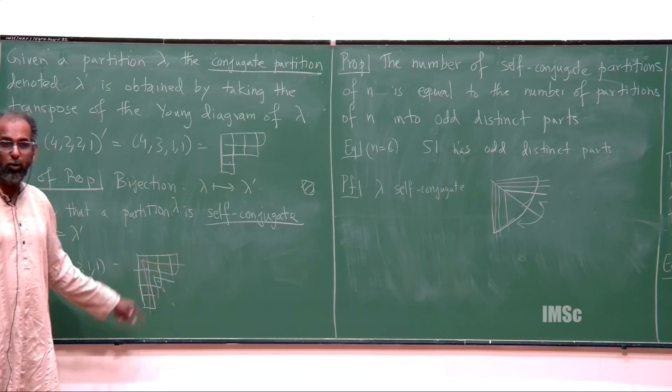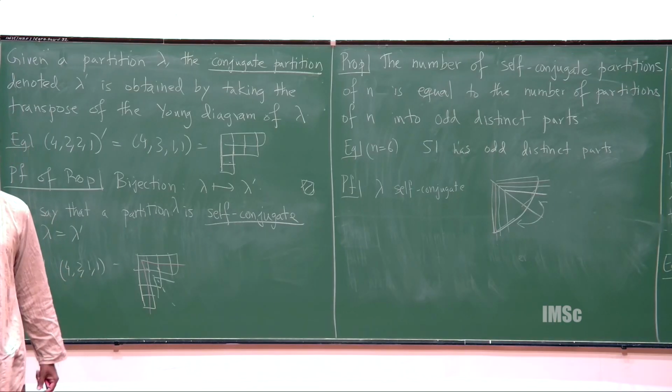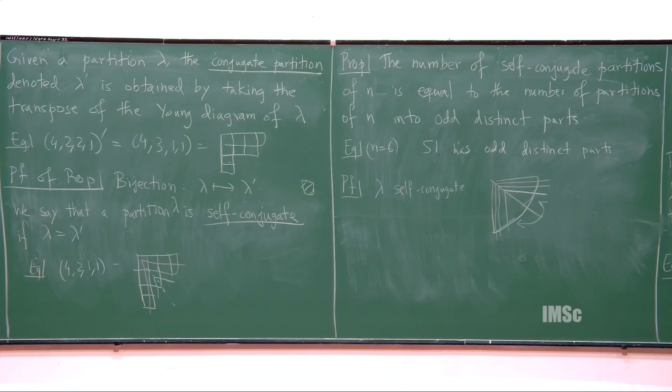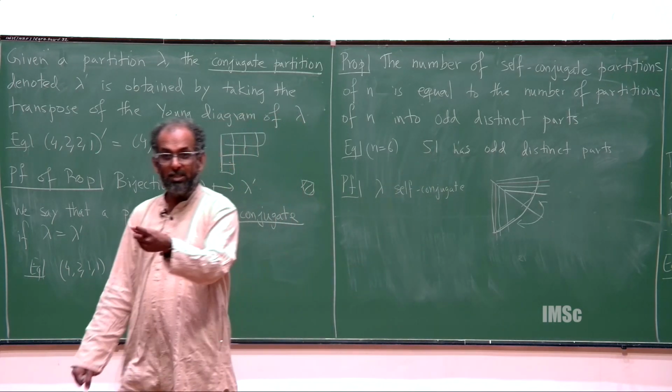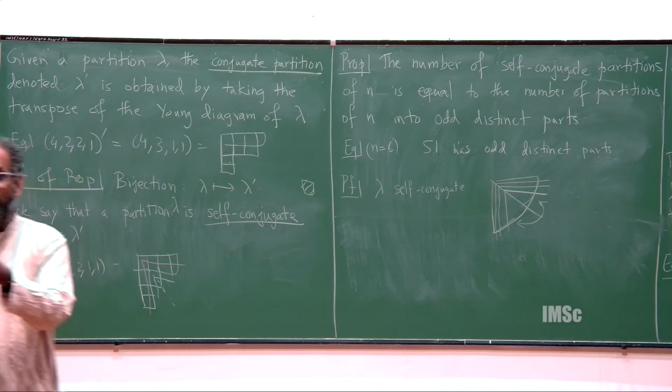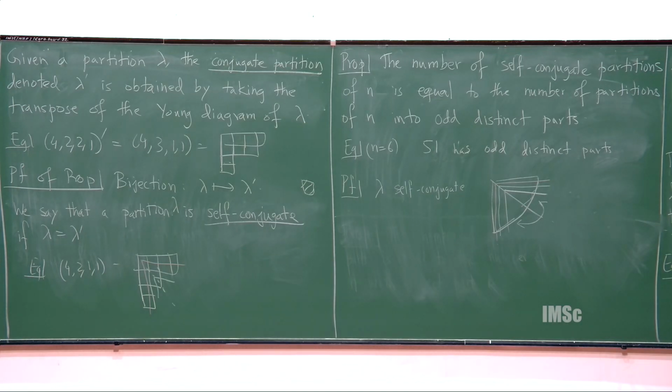So what is the length of each hook? Now, what can you say about the length of each hook? Yeah, so you see 5, 1. Okay. Yeah, very good. So each hook length is always odd. Why?